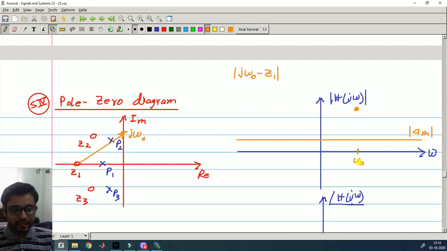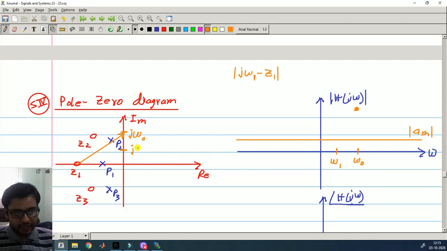Now if you consider some other frequency, say omega 1, and we want to know the magnitude at this point, then we put omega 1 here, and this point can be found somewhere on the imaginary axis.